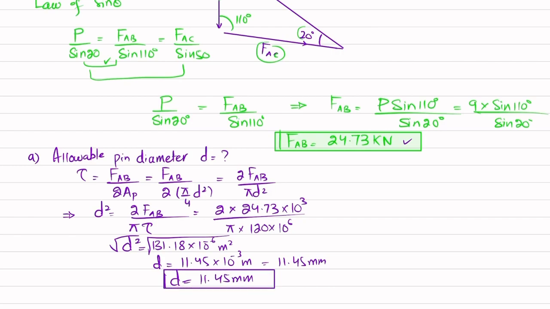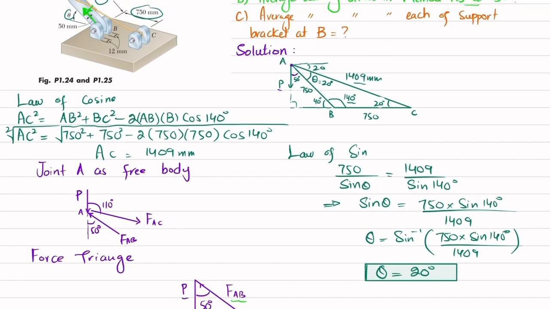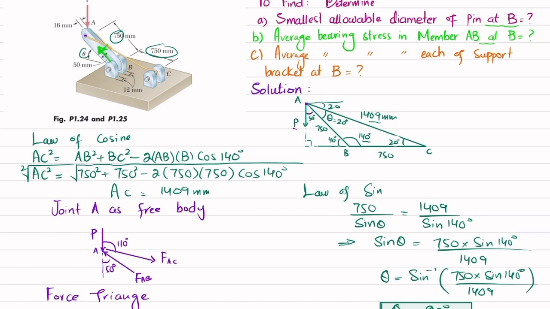Now we will move toward our second part, and second part is about the bearing stress in member AB. So we know that bearing stress is equal to bearing force, which is FAB, divided by bearing area. So bearing area, you can see in member AB, this is member AB, clear? So this is this force, so bearing area is this one, D into thickness.